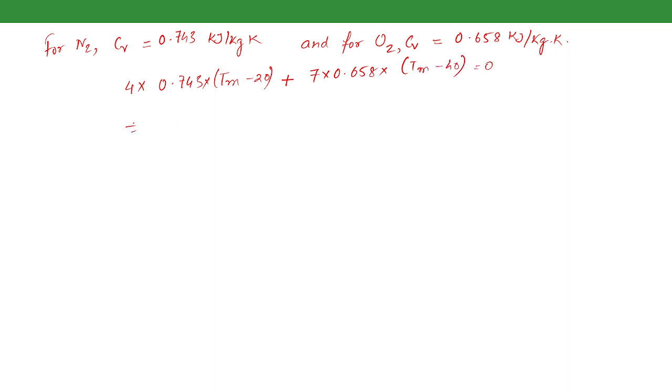By solving this, we get the value of Tm to be 32.2 degrees Celsius. Therefore, the mixture temperature is 32.2 degrees Celsius.